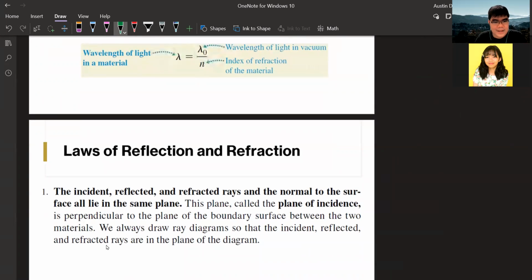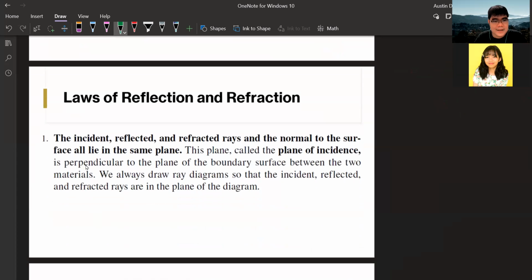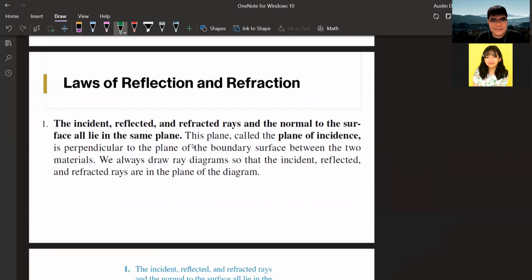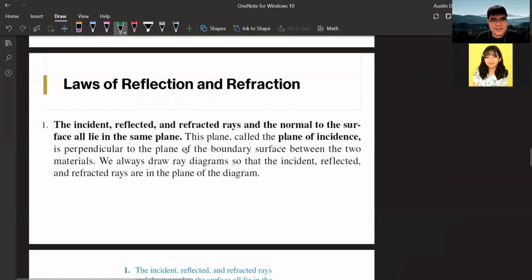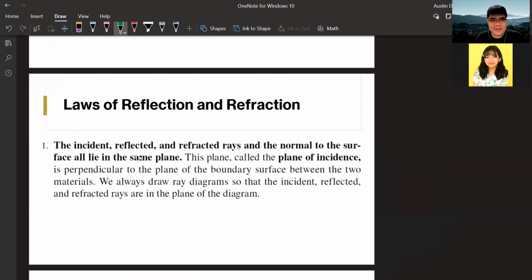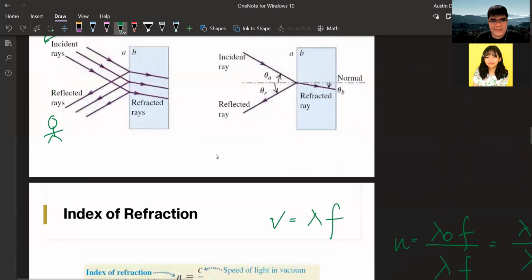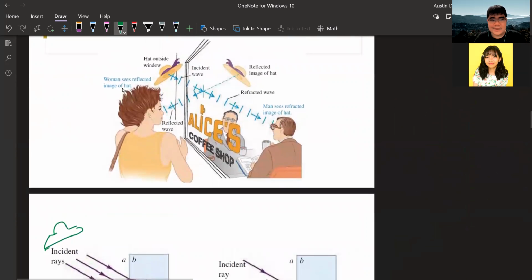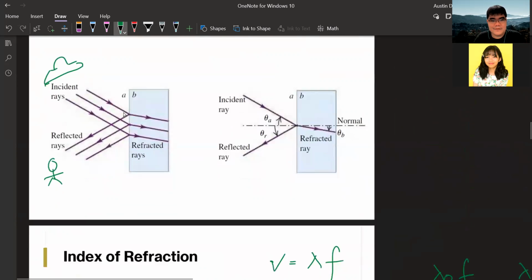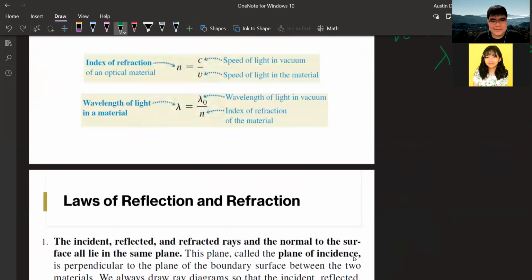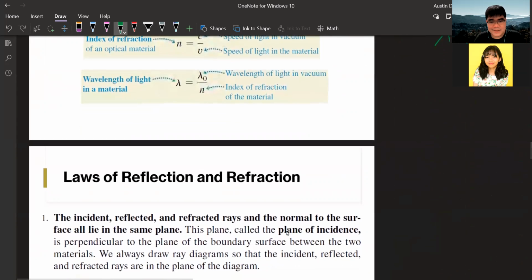The first one here would be number 1: the incident, reflected, and refracted rays and the normal to the surface all lie in the same plane. So why is this being said? Because this is an implication of the math of waves when you do the analysis here. I feel this first one is kind of obvious, but it might not be, so let's discuss it.